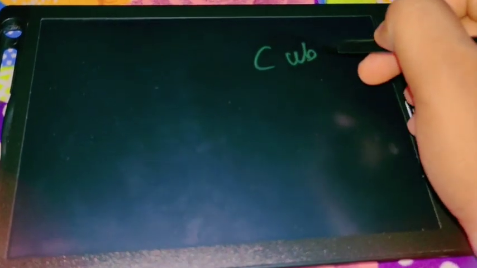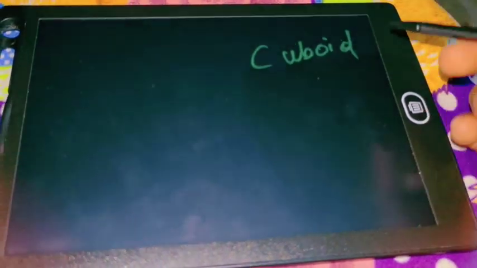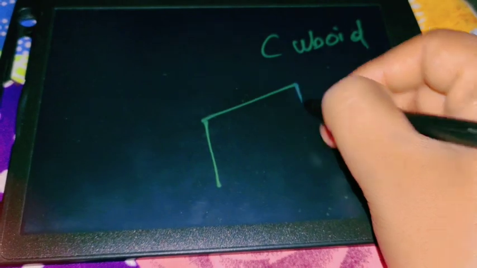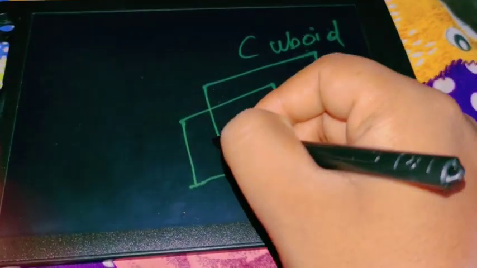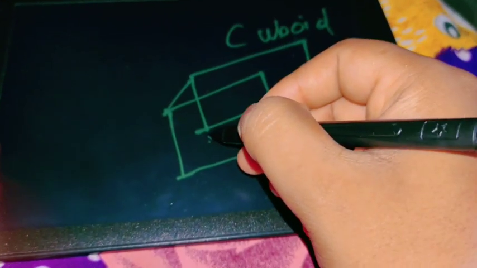What is a cuboid? A cuboid is a three-dimensional object which has 6 rectangular faces. A cuboid looks like this.